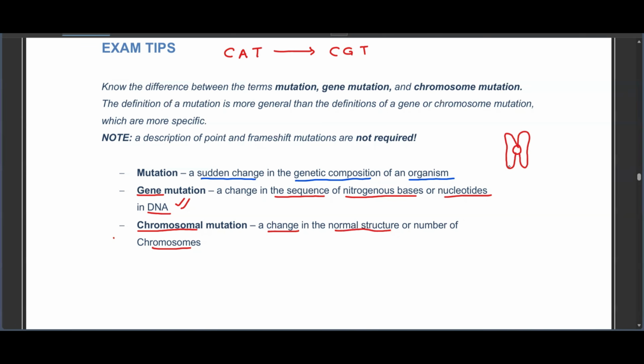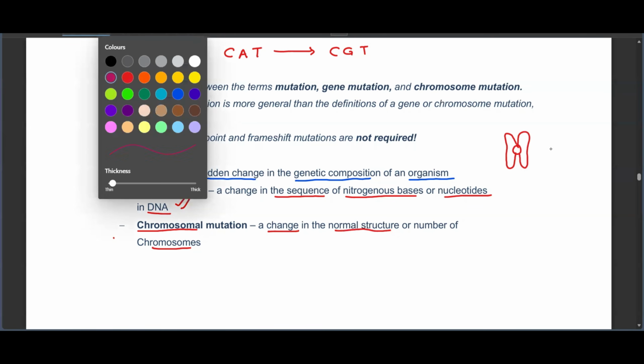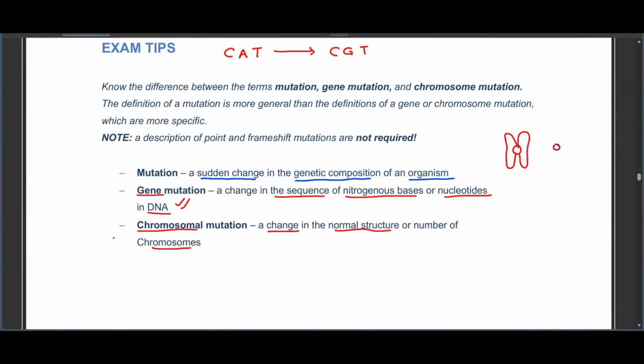So let's just say this is the normal shape of a chromosome, and then it happens that the chromosome now changes shape into maybe something like this. Okay, so this is a chromosomal mutation because basically the structure of the chromosome has changed.